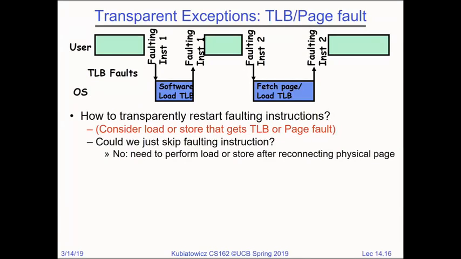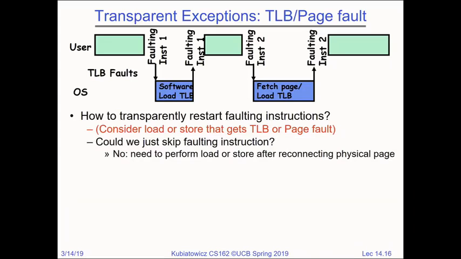The interesting question is, how does the state of the program get impacted when an exception occurs? For instance, a user program is coming along, and in a processor without hardware table walk, suppose there's a TLB fault that pops into the OS to do a software loading of the TLB, and then we pop back up. What happens? Could we just skip the faulting instruction and go on to the next thing?